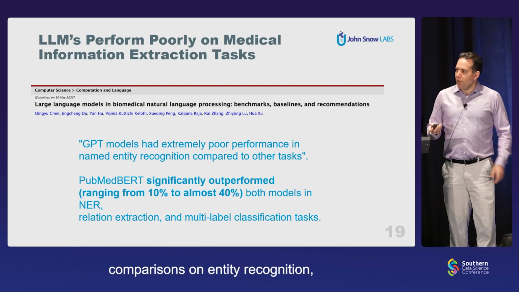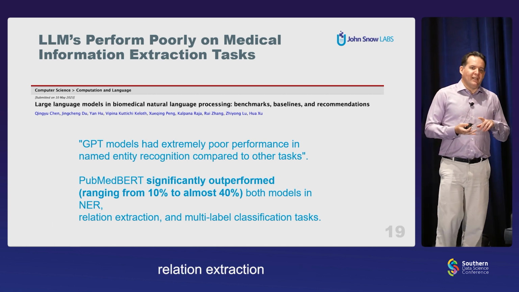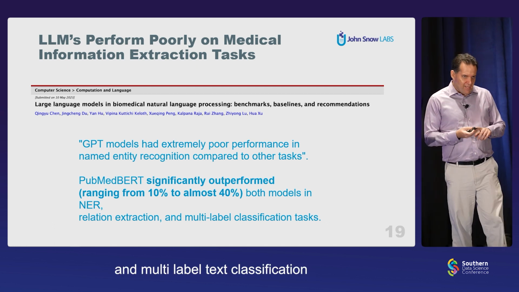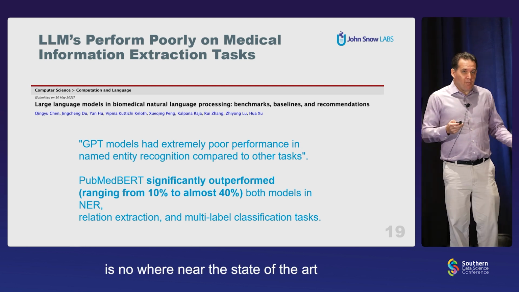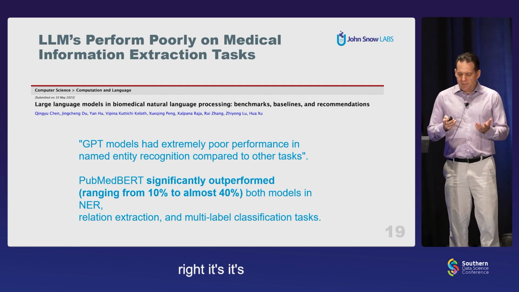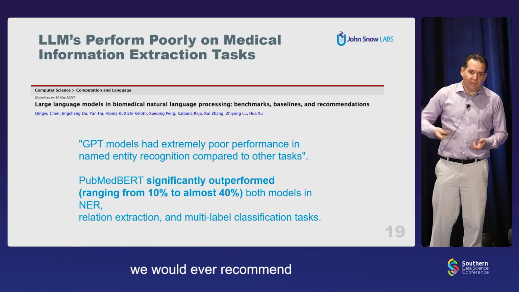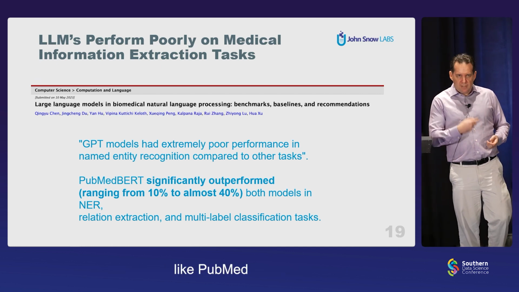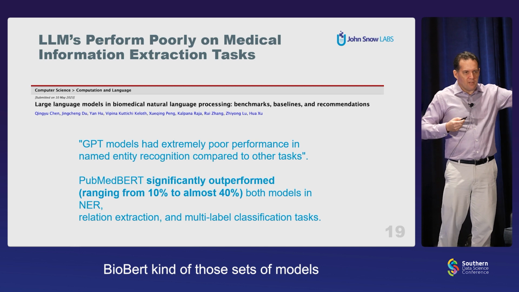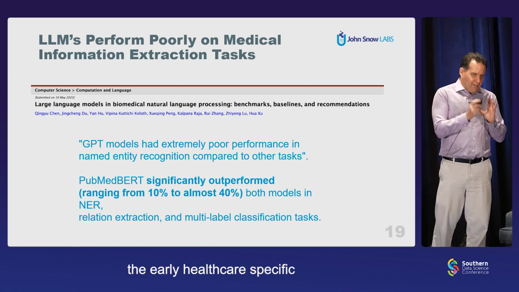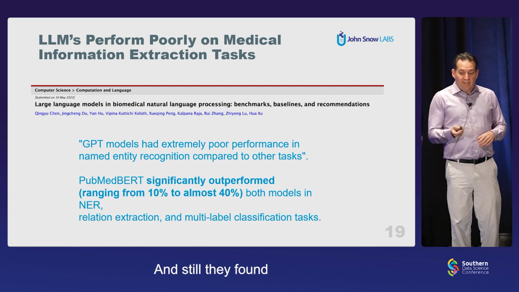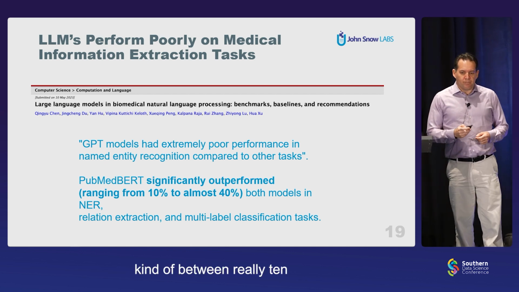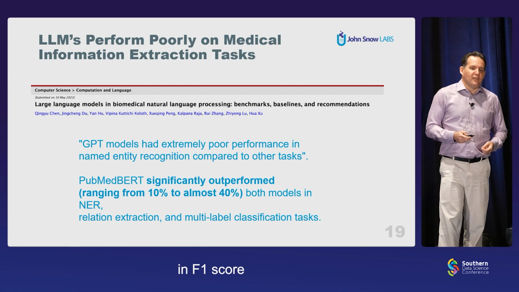Here, they've done comparisons on entity recognition, relation extraction, and multi-level text classification. And they compared with PubMed BERT, and honestly, PubMed BERT is nowhere near the state of the art. It's 3 years old. It's not something we would ever recommend using for production systems. It's like PubMed, Clinical BERT, BioBERT, those models that were the early healthcare-specific transformer models, and still they found huge gaps in accuracy, between 10 and 40 points in F1 score.